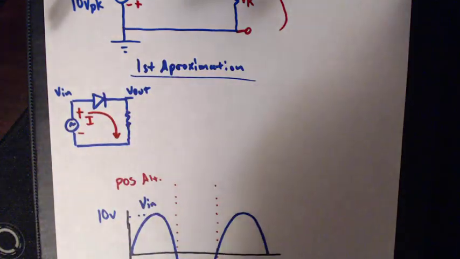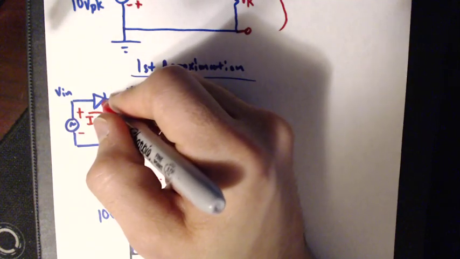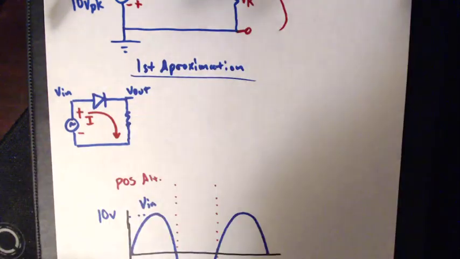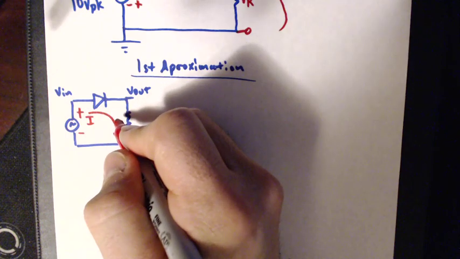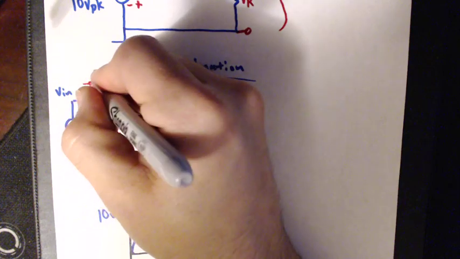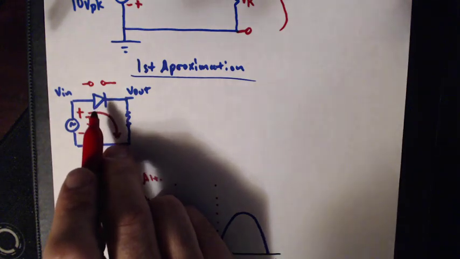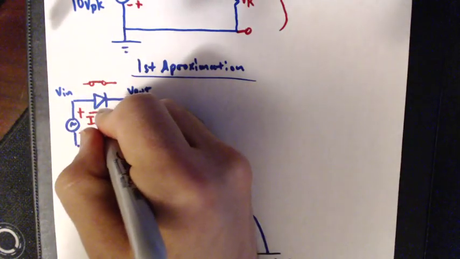And now my question is, what is this diode doing? Remember, we're working with the first approximation, so we're just going to treat this diode like a switch. Is the current going in the direction such that this diode will conduct? Is it behaving like a closed switch or an open switch? Well, notice it's going in the correct direction. This diode is being forward biased. Hence, it's conducting. So I is going to be greater than 0.